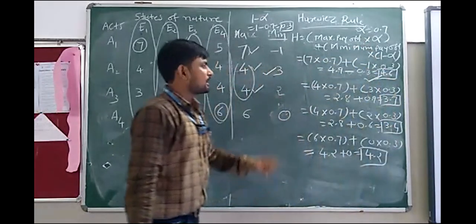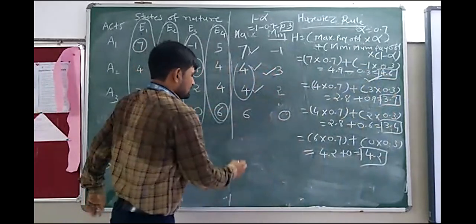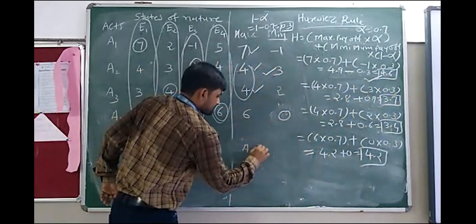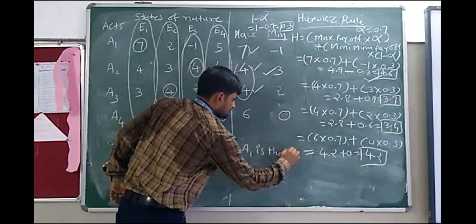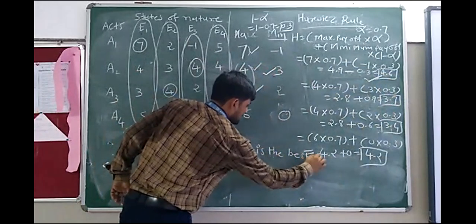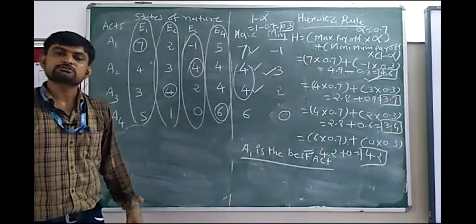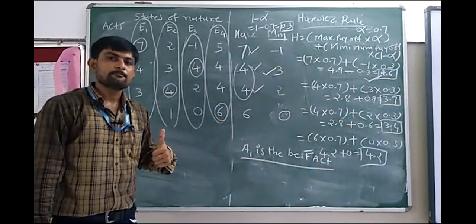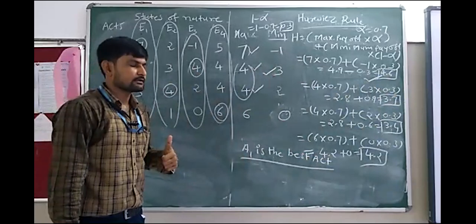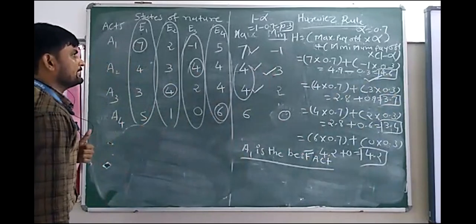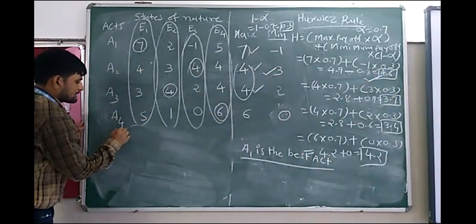So we can say according to Harvey's rule, A1 is the best act. Okay, according to Harvey's rule, which one is the best? A1 is the best act. Okay, clear? And finally we'll see the Laplace rule.